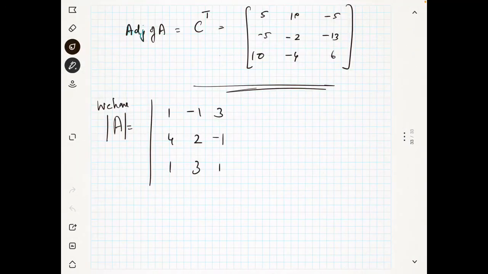Okay. So I will find the determinant of A. First of all, for finding the determinant, I will take this element, so it is 1 multiplied with the determinant of the remaining part.